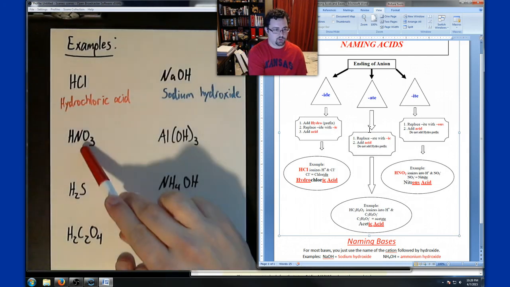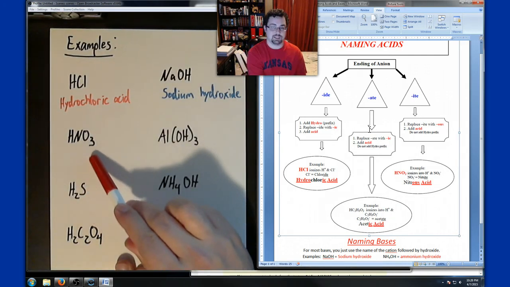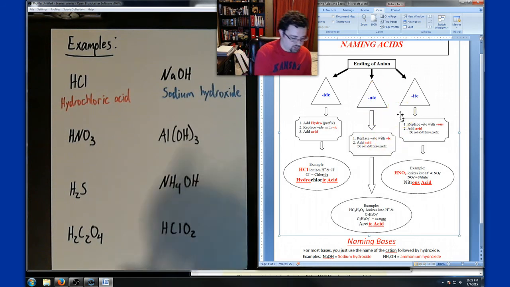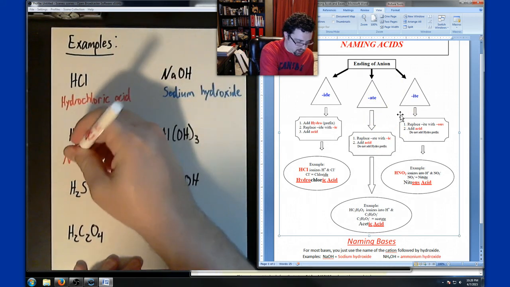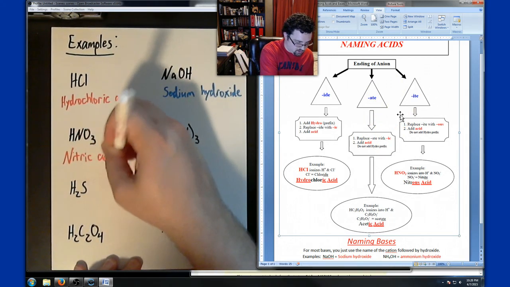Alright, HNO3. That is H, and NO3 minus is nitrate, if I look at my polyatomic ion chart. So if you look at the flowchart, "ate", replace "ate" with "ic", so nitrate becomes nitric acid.